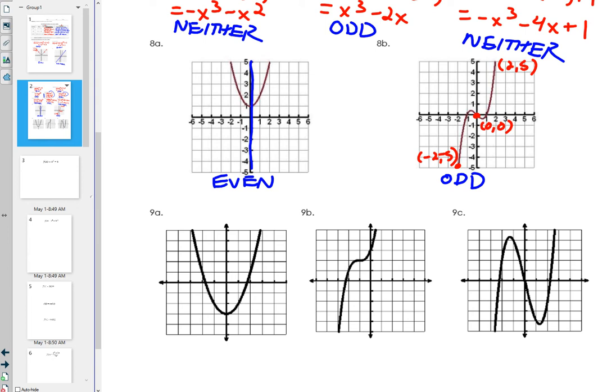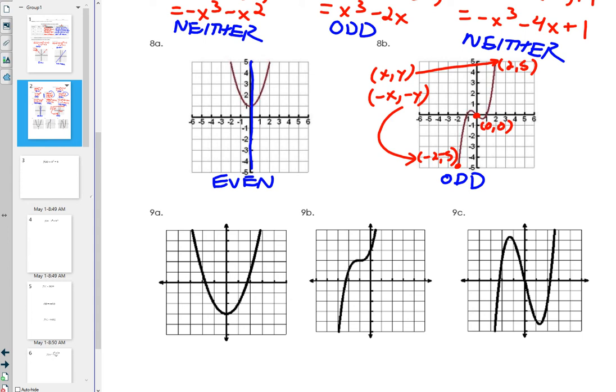If this were odd, I should be able to pick any point x, comma y, and it should also include -x, -y. Well, with 0, 0, yeah, that flies because 0 is neither negative nor positive, but let's focus more on the 2 and the 5. For any point 2, 5, I would also have to have the opposite signs, and it does.